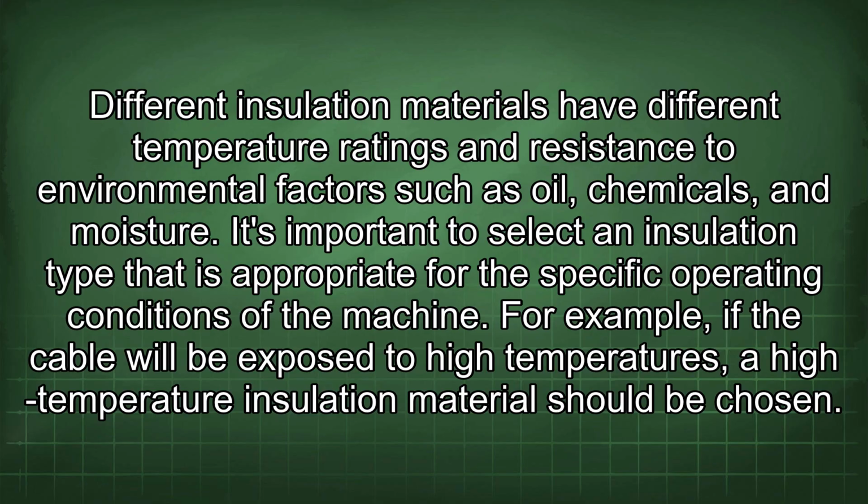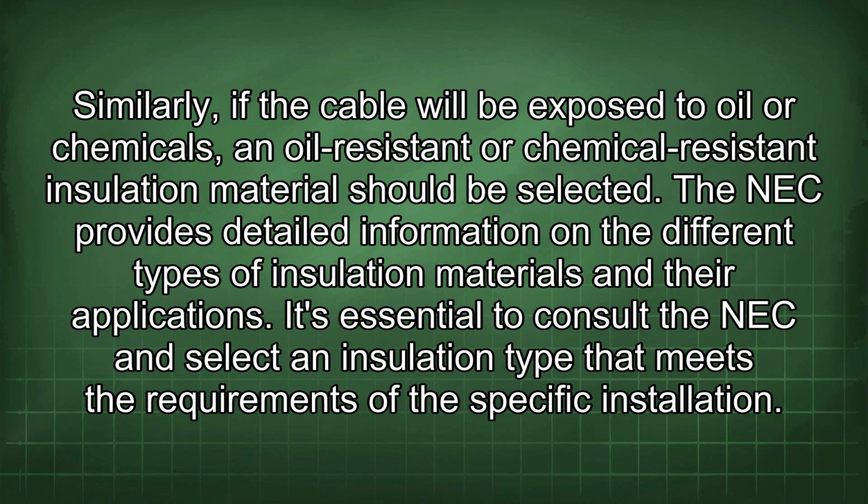For example, if the cable will be exposed to high temperatures, a high-temperature insulation material should be chosen. Similarly, if the cable will be exposed to oil or chemicals, an oil-resistant or chemical-resistant insulation material should be selected. The NEC provides detailed information on the different types of insulation materials and their applications. It's essential to consult the NEC and select an insulation type that meets the requirements of the specific installation.